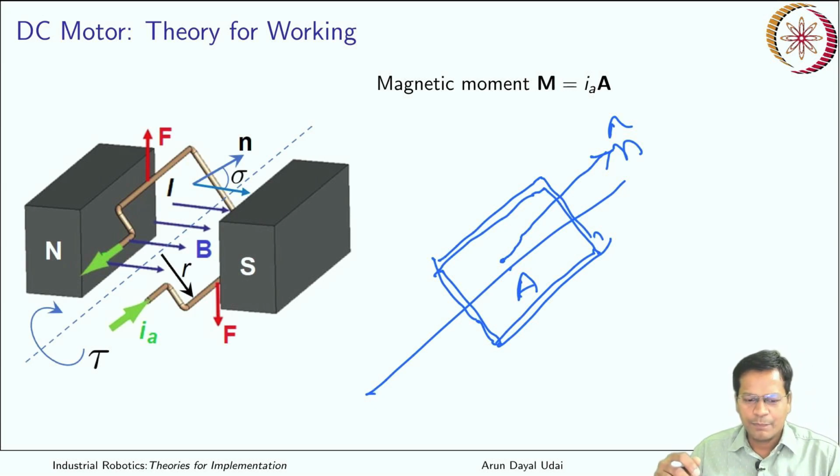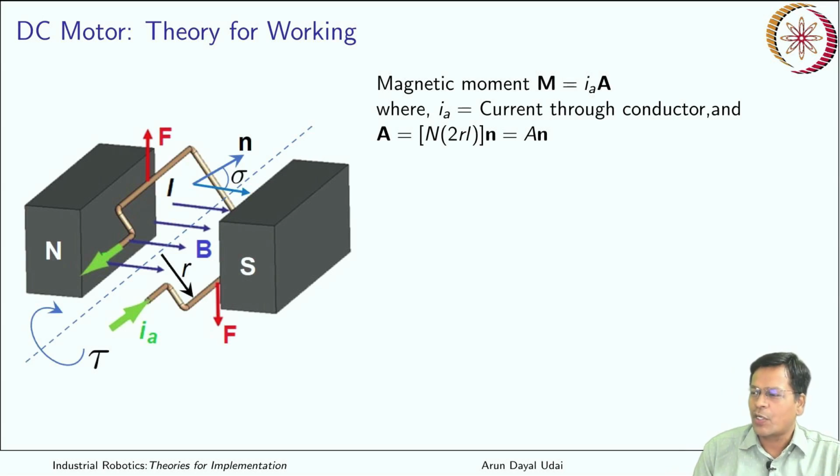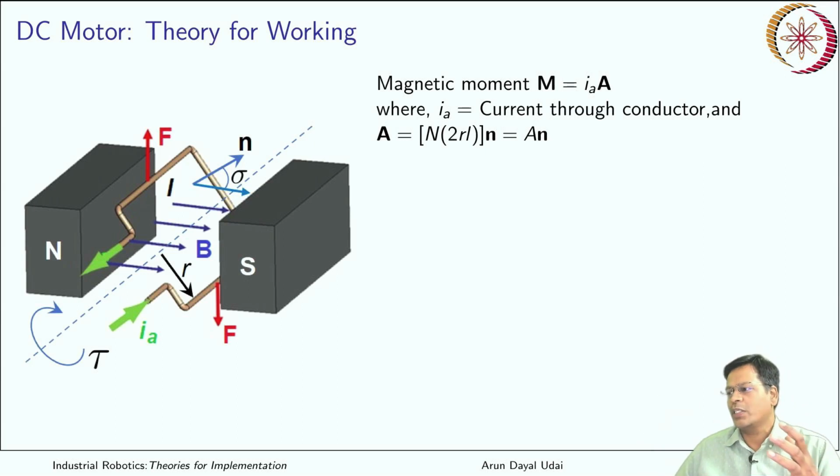So that is Ia into A, that is the magnetic moment. Ia is the current through the conductor. Area is given over here as follows, because there is a bunch of coil. If you saw that actual armature carefully, it has not just one wire at a particular place.